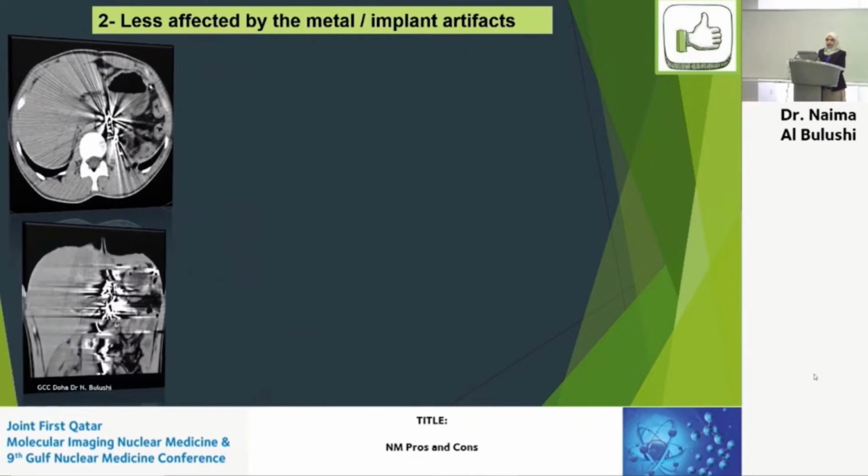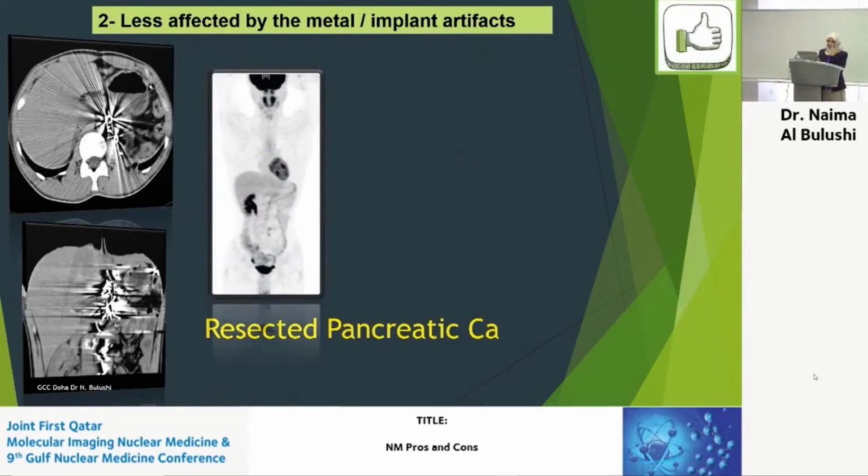The other thing is metal implants or artifacts. This is a real patient who had a Whipple's, and Whipple's procedure is a resection of the pancreatic tumor, and they do a lot of resection around this. So they remove the gallbladder, they do a lot of anastomosis, they remove the spleen and kidney. And because of the lots and lots of sutures that you can see, the contrast CT was stopped. They couldn't continue because there were lots of artifacts.